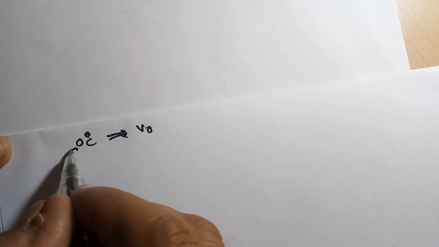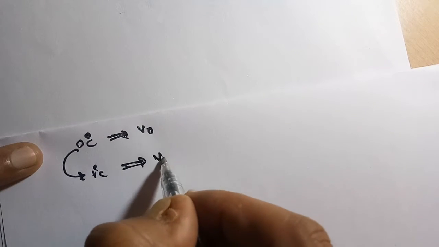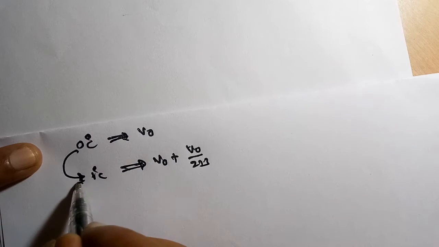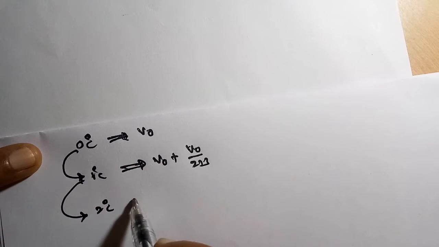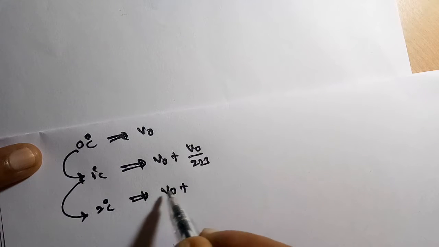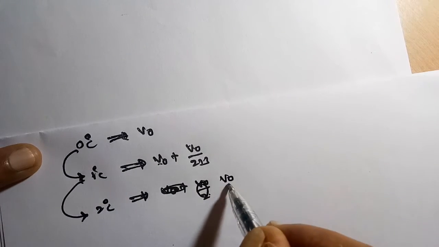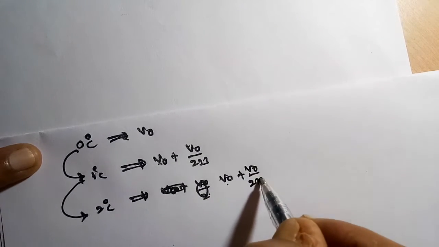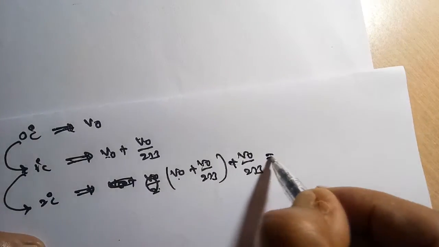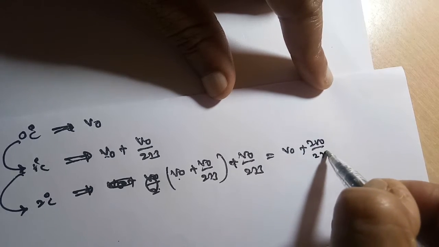Now for a 1 degree centigrade rise in temperature, what will be the volume? This volume plus V0 by 273 increases. From 1 degree centigrade to 2 degree centigrade, the volume is V0 plus V0 by 273 plus V0 by 273, that means V0 plus 2V0 by 273.